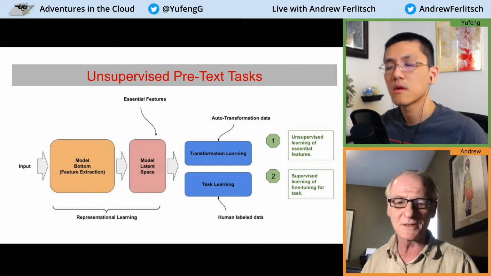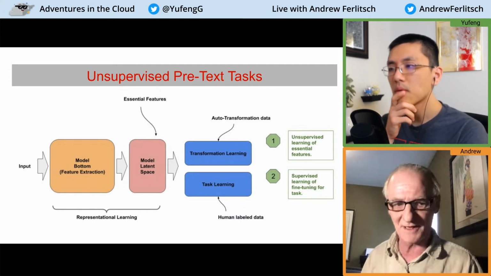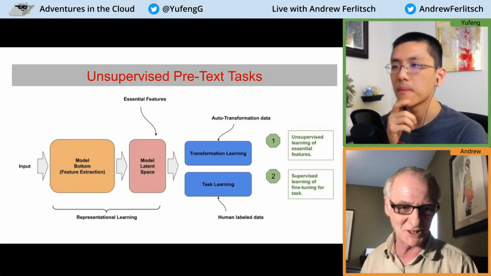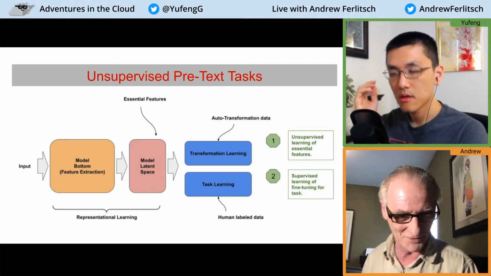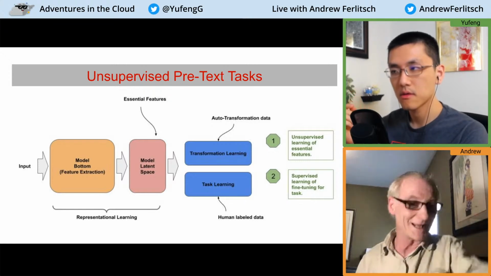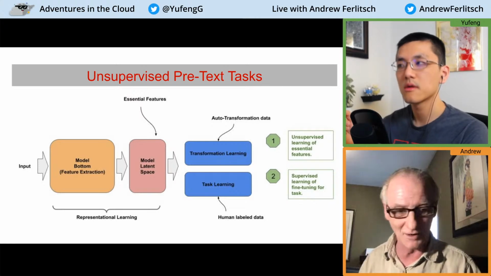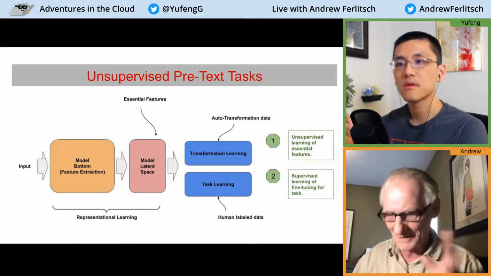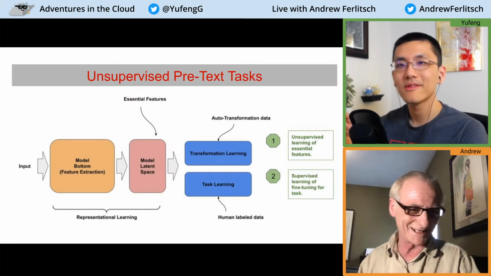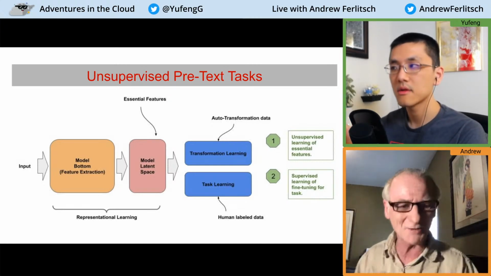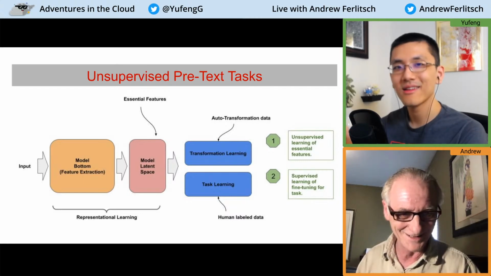And this is an unlabeled, unsupervised form of training. You take your data set and you do some automatic transformation to it, and the label is the transformation. So for example, jigsaw. That's a really popular one. You take your image and you break it into a 3x3 grid, so you've got 9 blocks, and you randomly reorganize it.